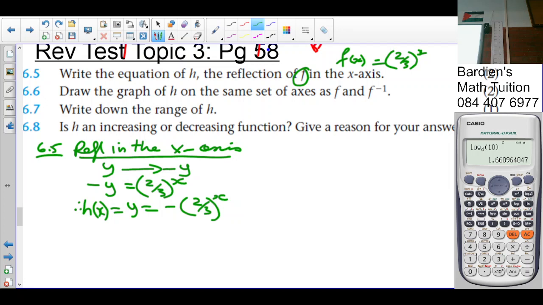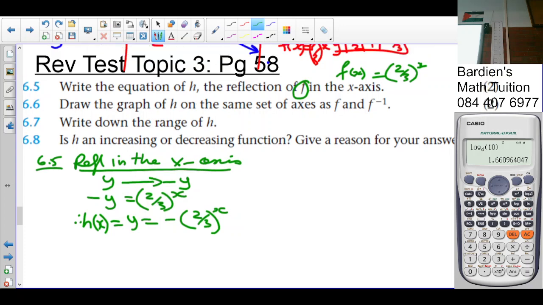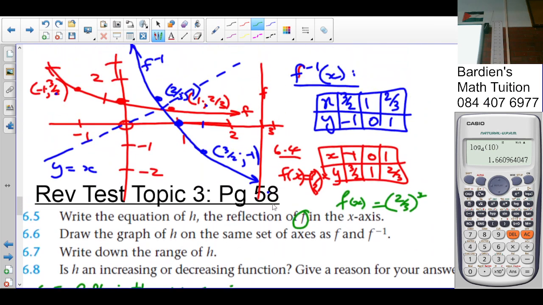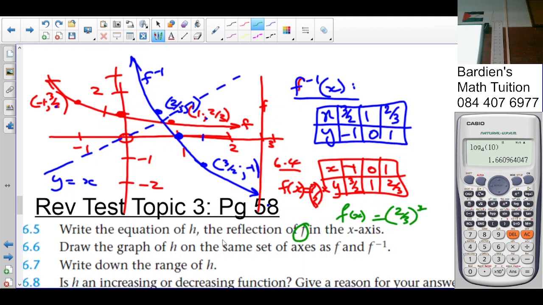Okay. 6.6, draw the graph of h on the same system of axes as the function and the inverse function. The equation of f is reflected in the x-axis. So this is your f graph, not so. So 0 and 1 becomes 0 and minus 1. This is 1 and 2/3 become 1 and minus 2/3.